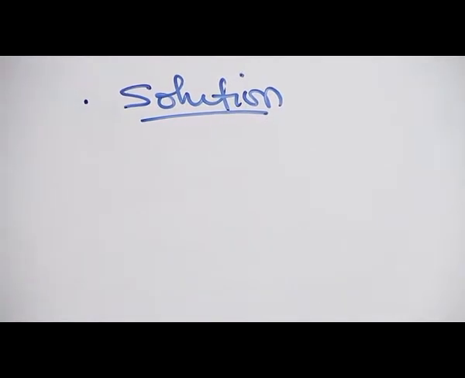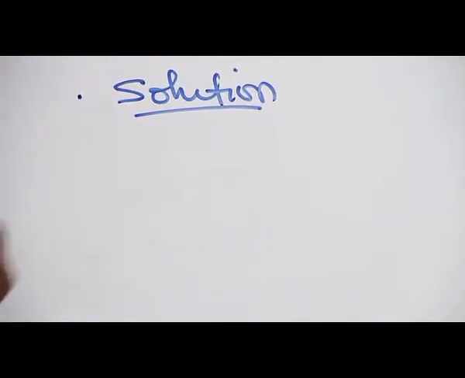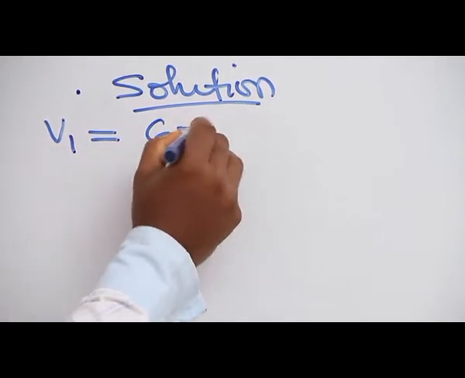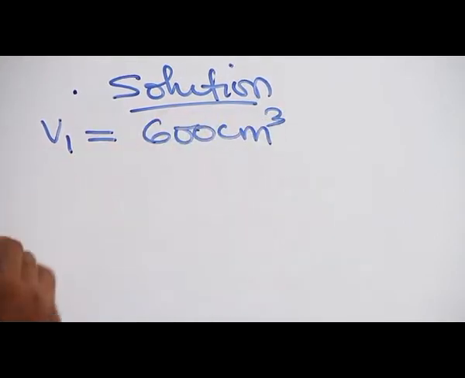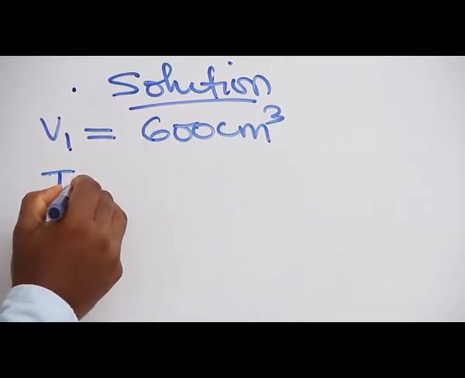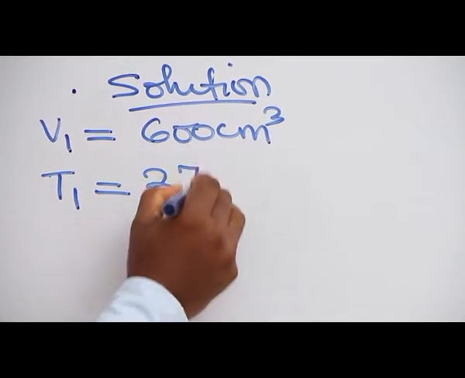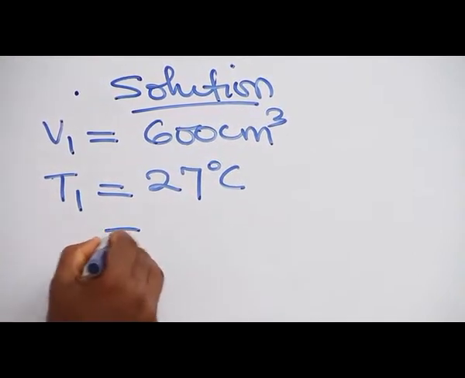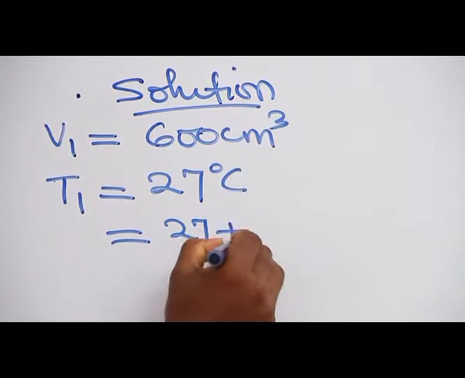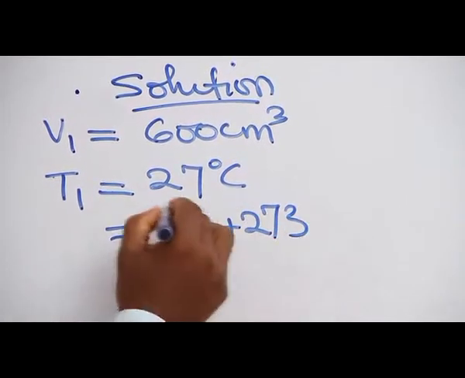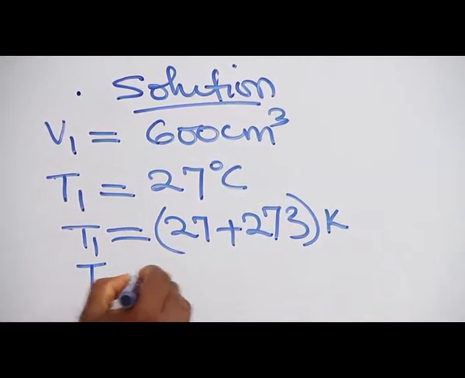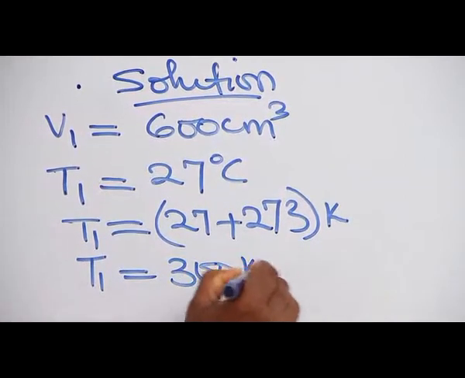From the question, we are given the initial volume V1 as 600 centimeter cube, initial temperature T1 as 27 degrees Celsius, which we must convert to Kelvin, 27 plus 273 in Kelvin. So T1 will give us 300 Kelvin.